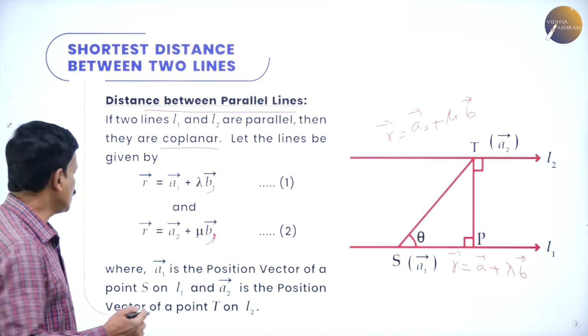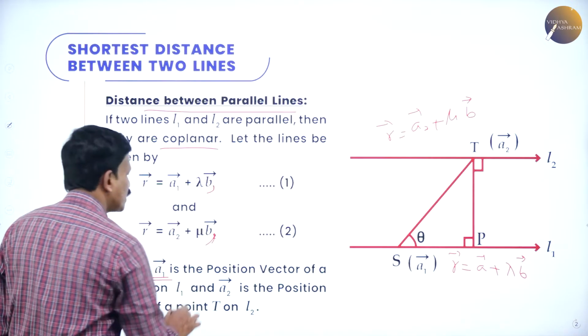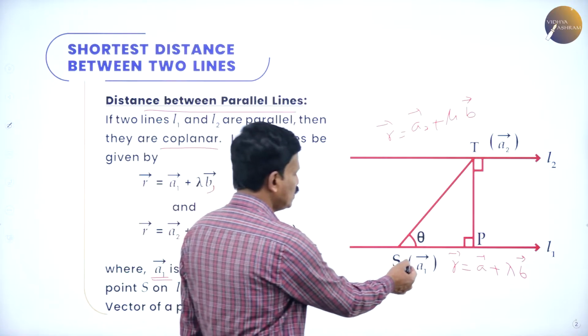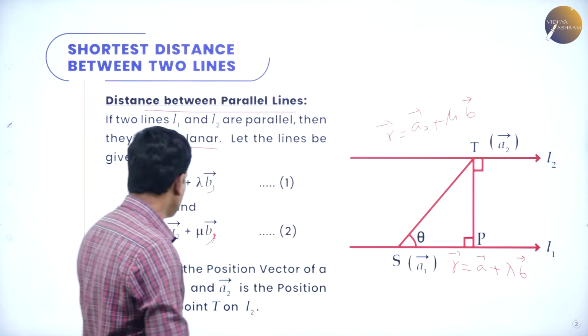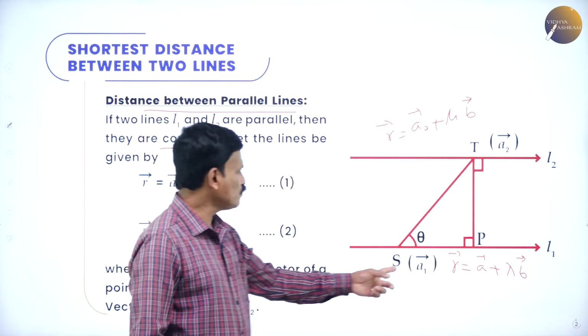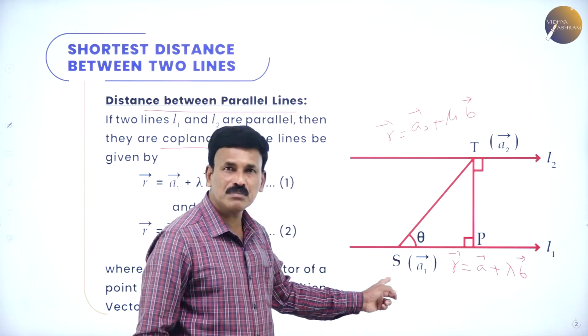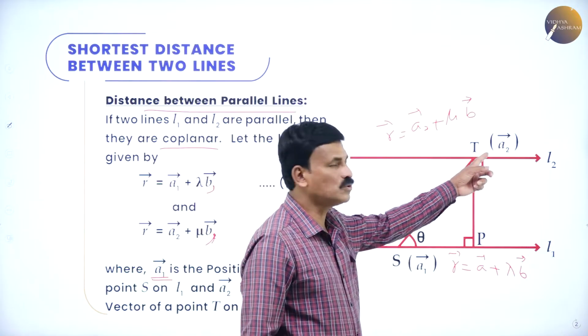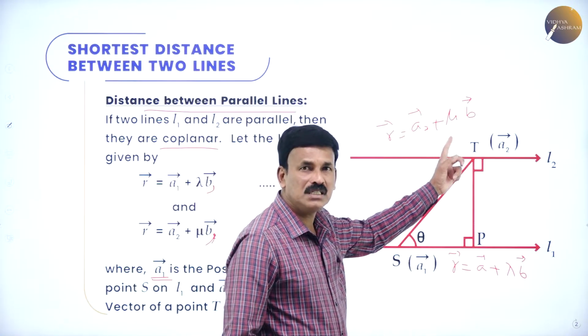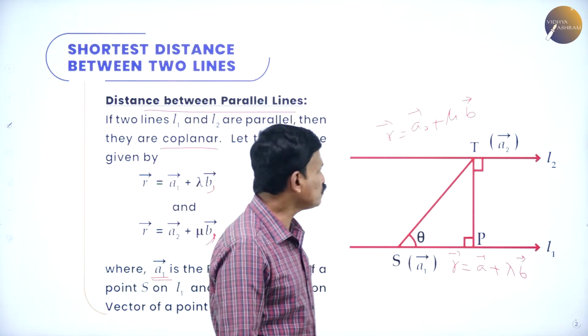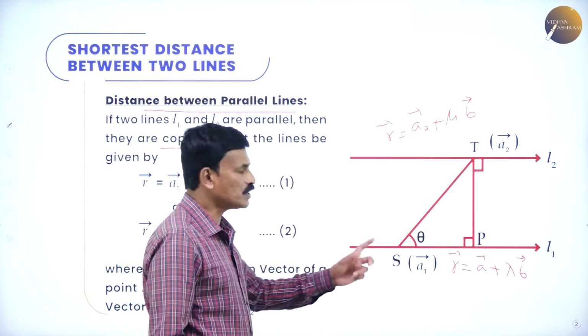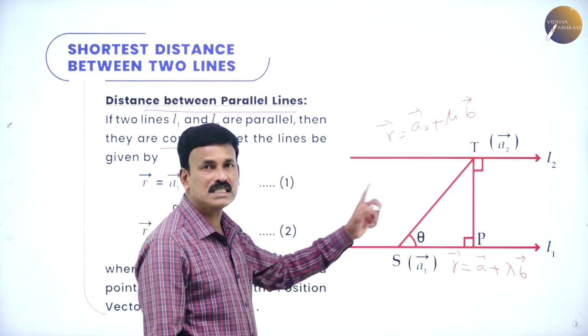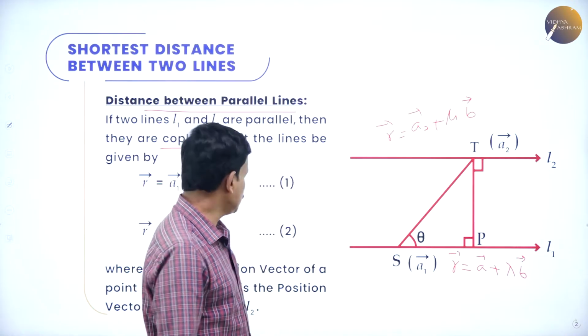What is A1 here? A1 is the position vector of the point S on the line L1. Similarly, A2 is the position vector of the point T on L2. So A1 and A2 are the position vectors of the points S and T on the lines L1 and L2.